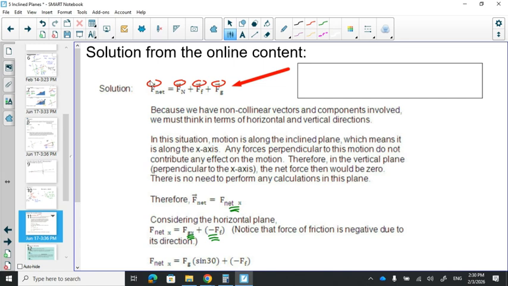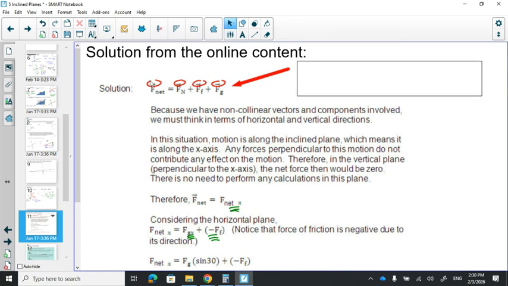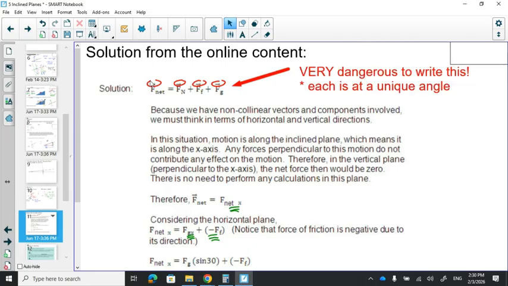You can't just add those up. If the numbers were 10, 20, and 30, you can't just add them up and get 60. It's very dangerous to write that because they're all at angles. They say in the online thing they're non-collinear, so we have to componentize them. But I would imagine a lot of students would just look at that diagram, that FNet, and not realize the significance of those little vector bars and that the angles matter a lot.